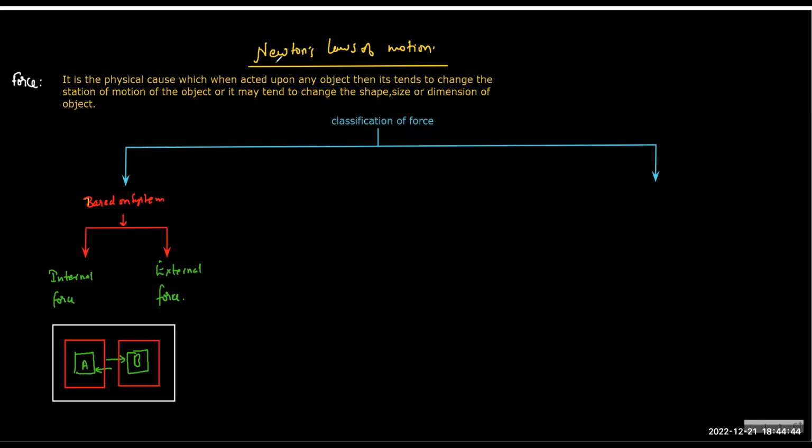System is an assumption of an observer, a part of universe. And why is it important? Can you explain?